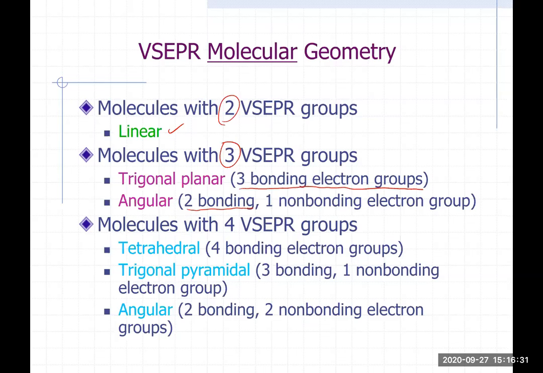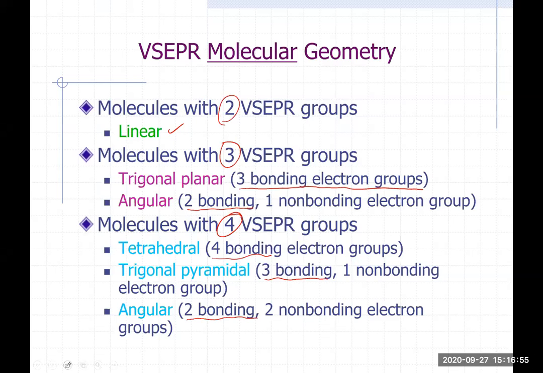What about 4 electron groups or VSEPR groups or electron domains, whichever one of those terms you like? All 4 of them bonding, it's tetrahedral. 3 bonding, 1 non-bonding, it's trigonal pyramidal. 2 bonding, 2 non-bonding, it's angular.